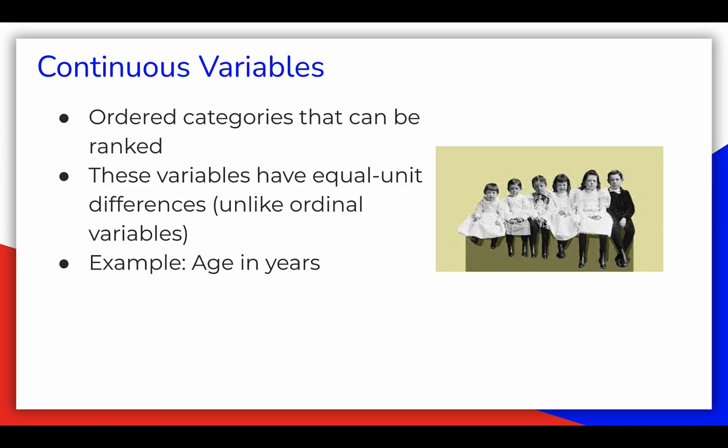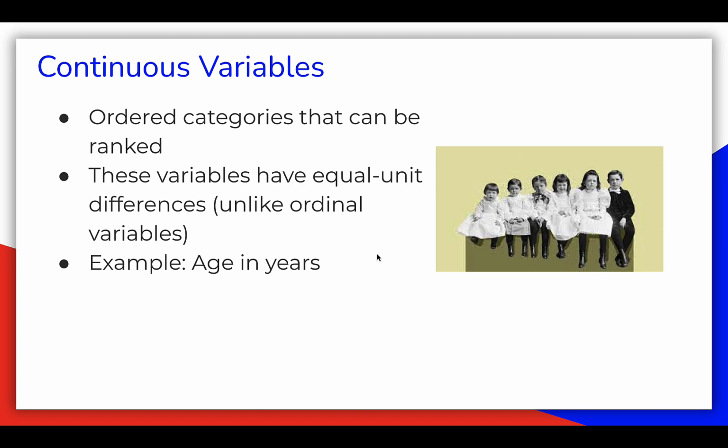If you have 6 children, as we see right here, the difference between 2 and 3 children is the same as the difference between 4 and 5, right? And the categories do increase in an ordered way: 1, 2, 3, 4, 5, 6, right? Going from 4 to 5 is the same as going from 2 to 3. You increase by 1 child.